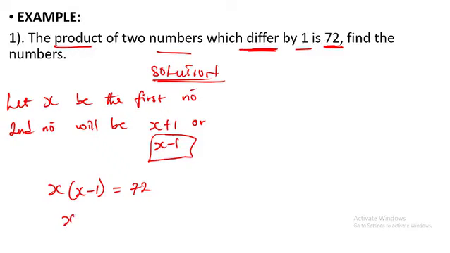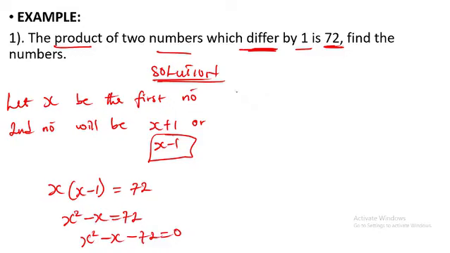Therefore, x times x gives x squared, and x times minus 1 gives minus x, equal to 72. Then making it a quadratic equation, we have x squared minus x minus 72 equal to 0. So a quadratic equation has been formed.